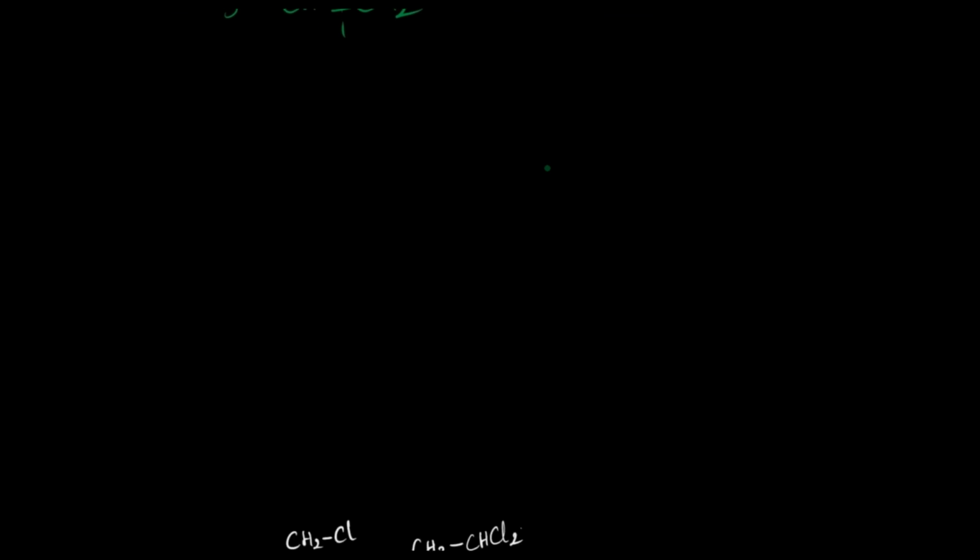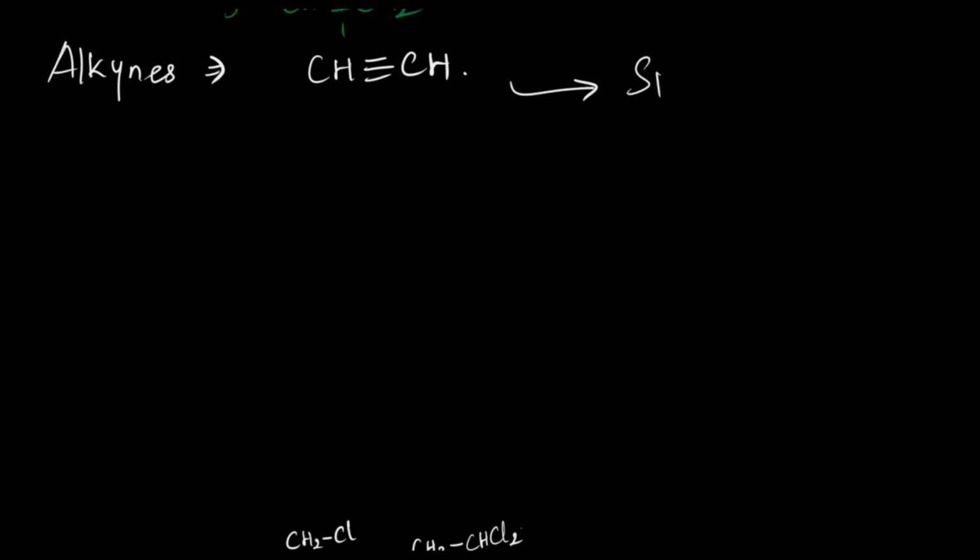So alkynes, we know that very well, are a triple bonded system, for example, acetylene, and the hybridization is sp, which makes it more electronegative; the more the s character, the more electronegative. What would be the preparation of alkyne?